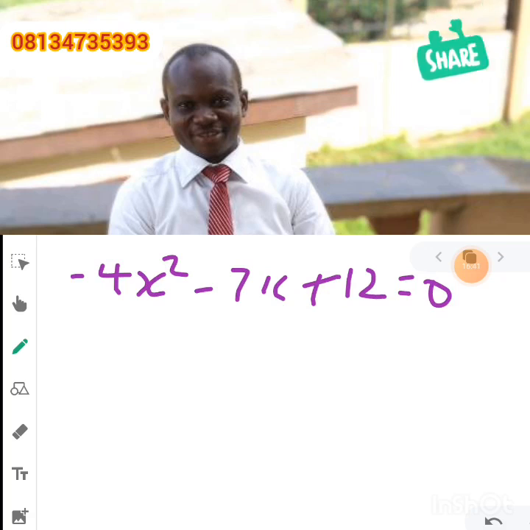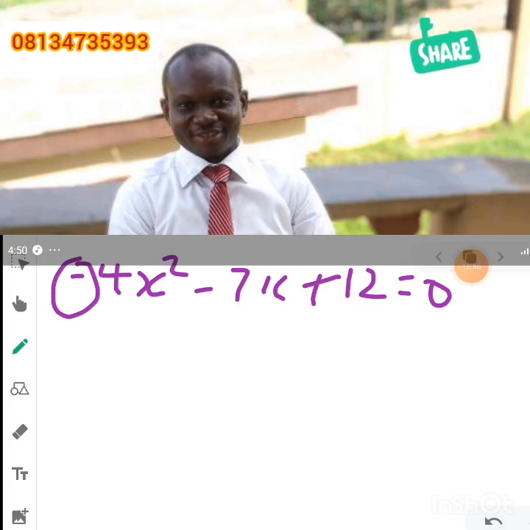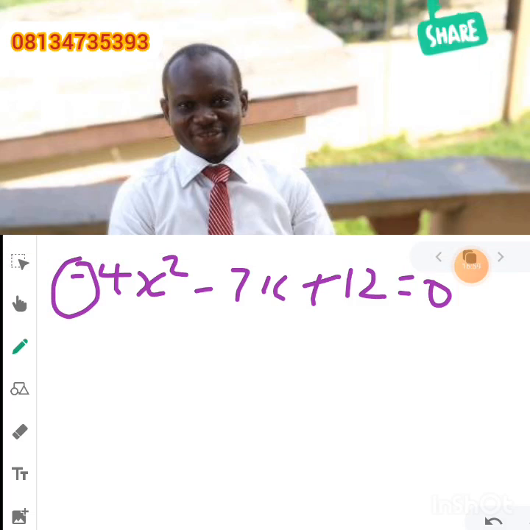It's still much the same method. We have minus 4x squared minus 7x plus 12 equals 0. You will notice that minus 4x squared is not a perfect square because of only one thing, that is the minus. So all you need to do is to divide through by that minus sign.